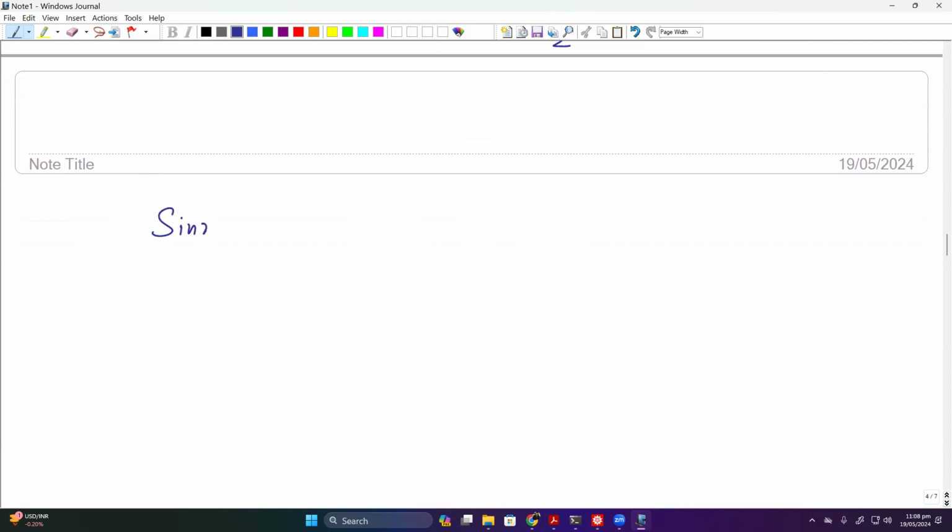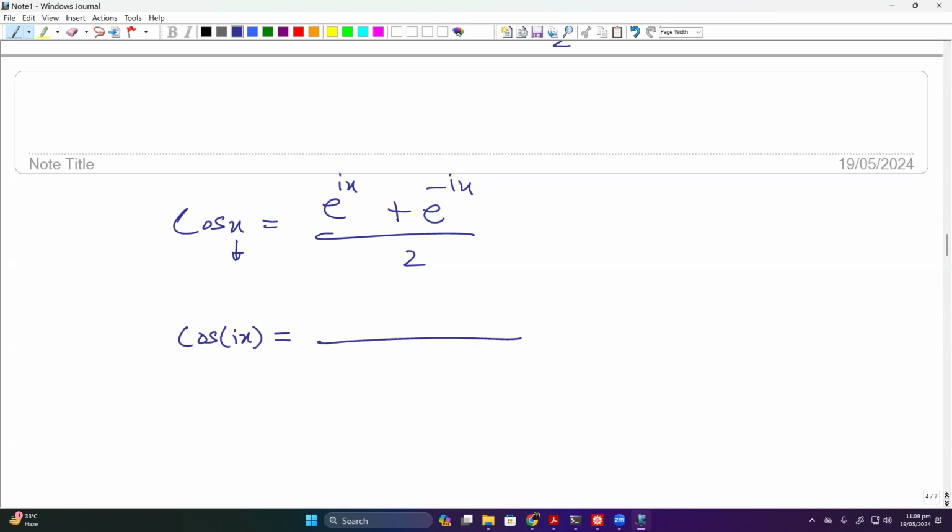Let me begin with this one. Cos x is equal to (e^(ix) + e^(−ix))/2. Let's do a change of this expression here. Let me replace x by ix on both sides, so everywhere I will replace x by ix.